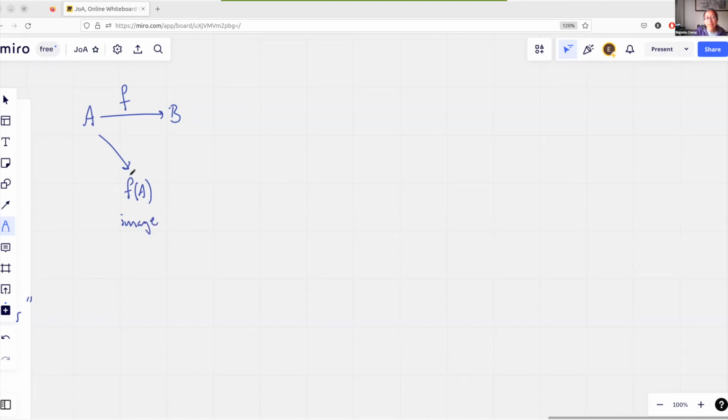And this is every element f of a such that a is in A. So this is surjective because by definition, it's just a whole load of elements hit by f, but it's also a subset of B, because every element f of a is an element of B. So then you can make an injection like that.